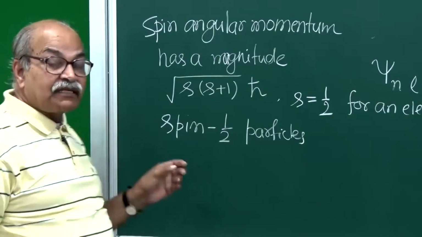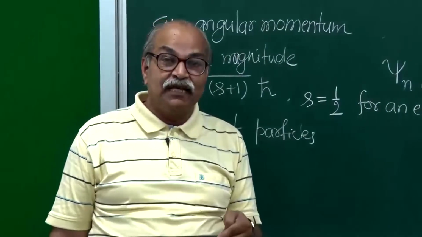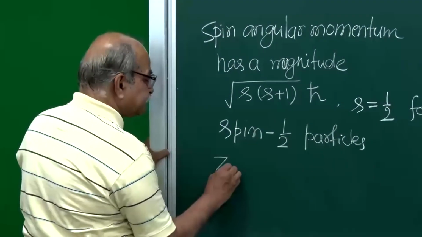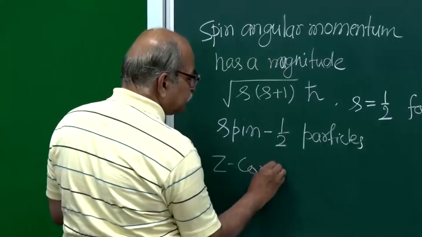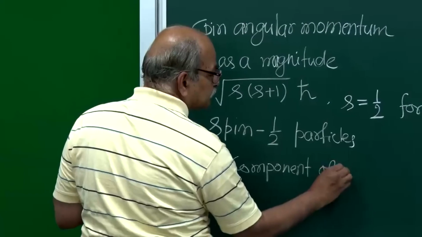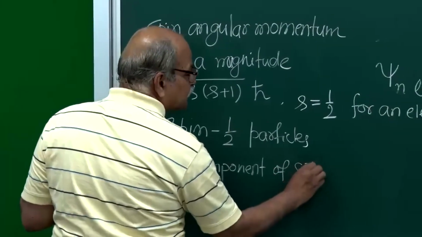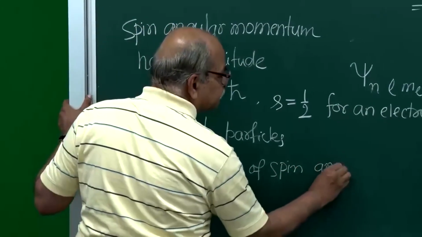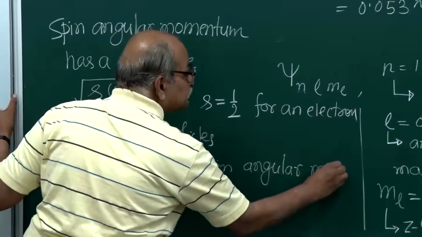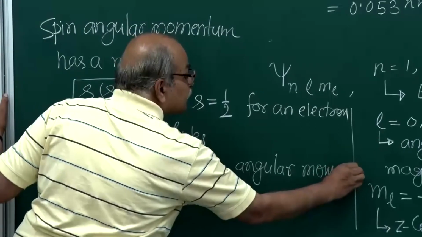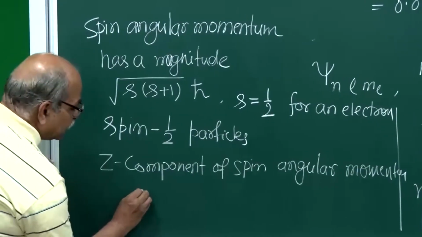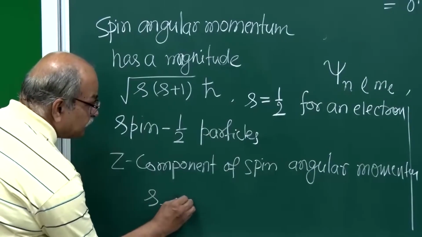But if you measure the z component of spin angular momentum, there are two possible values, so I am talking of now Sz.